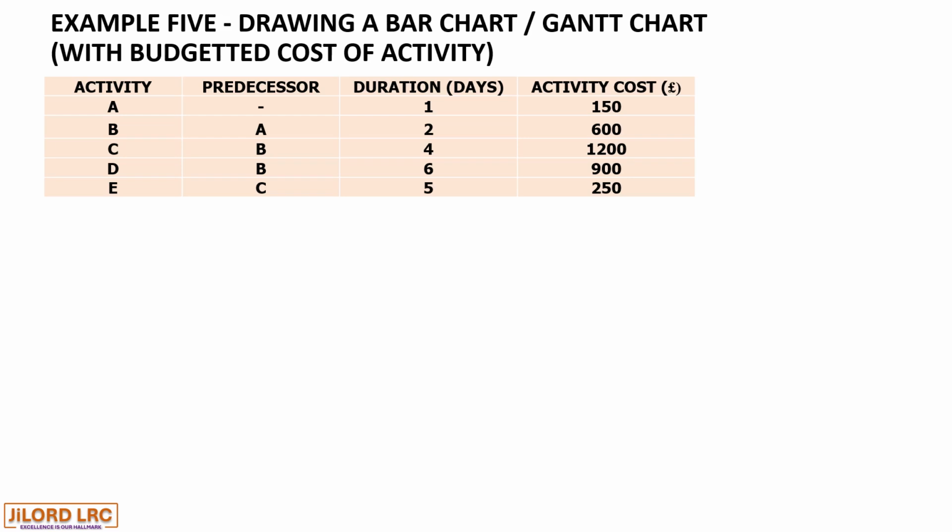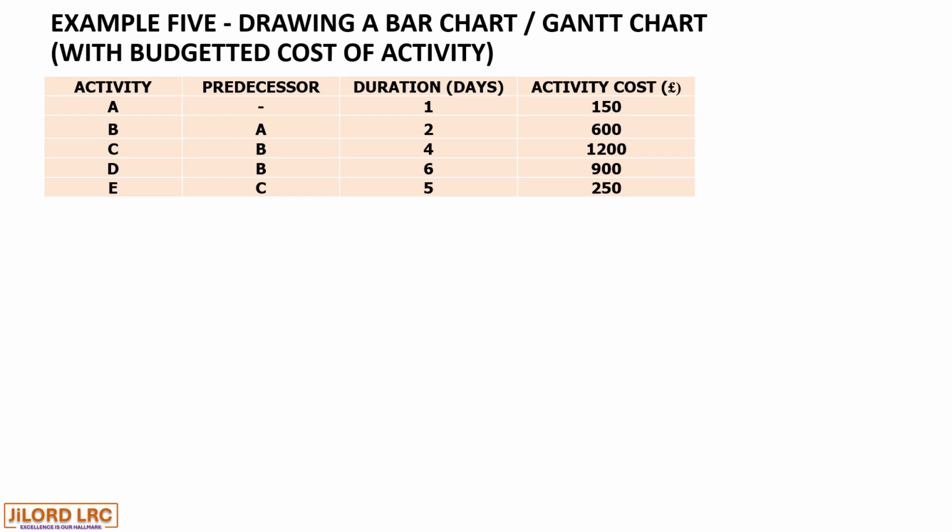Activity E, with a predecessor C and a duration of 5 days, has a total activity cost of £250. This also implies that each day of activity E costs £50, times 5 days, giving us £250.